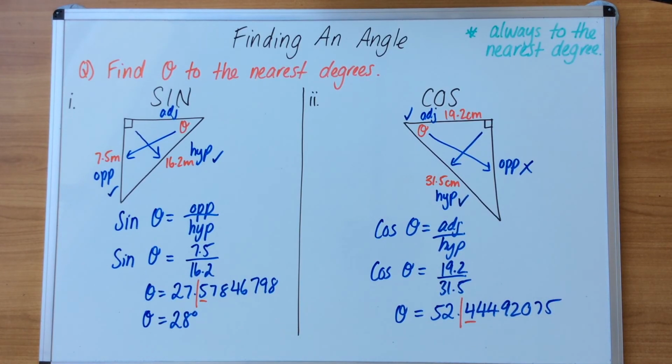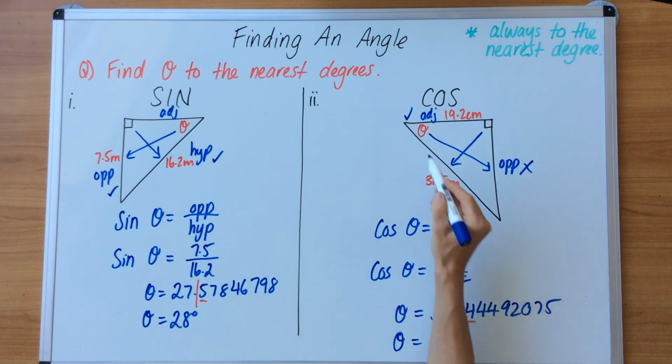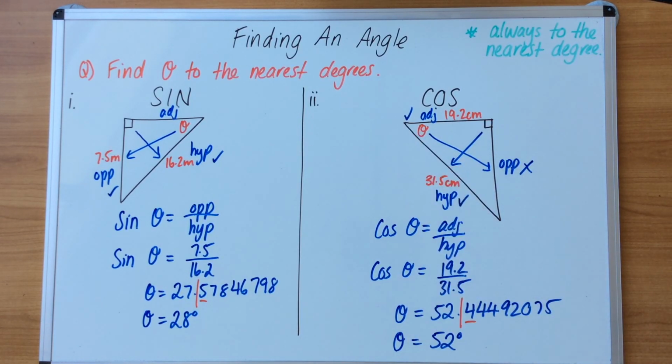So I put a line in front of the first decimal place and underline the looking number, and that number is a 4 and it sits between 0 and 4, which tells me that the 52 is going to stay. So that becomes 52 degrees. So that's my missing angle of theta, 52 degrees.